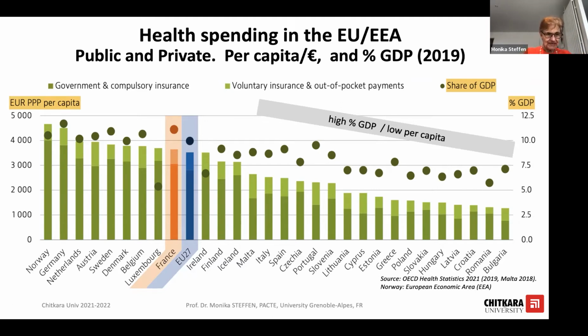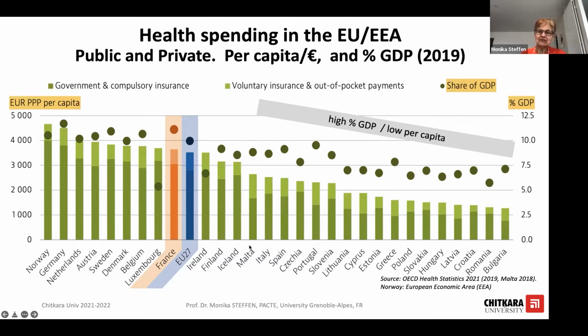So here we have the spendings, and first what we see is the northern and northwestern countries: Norway, Germany, Netherlands, Austria, Sweden, Denmark. All those in the west and in the north spend quite a lot of money. There are some isolated northern cases like Iceland or Finland.